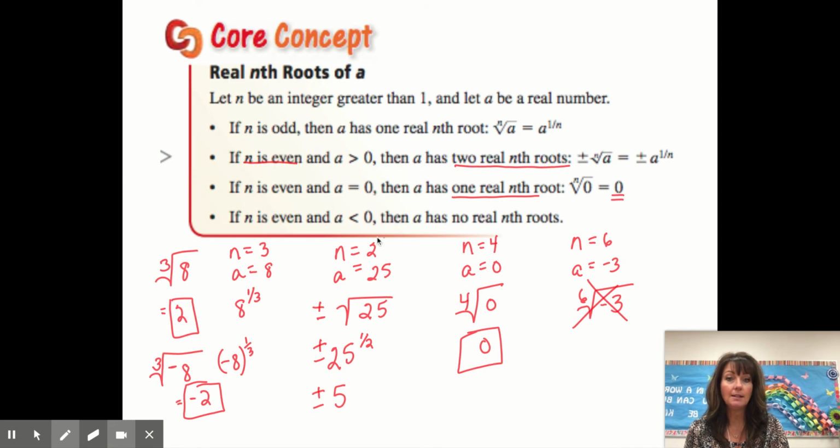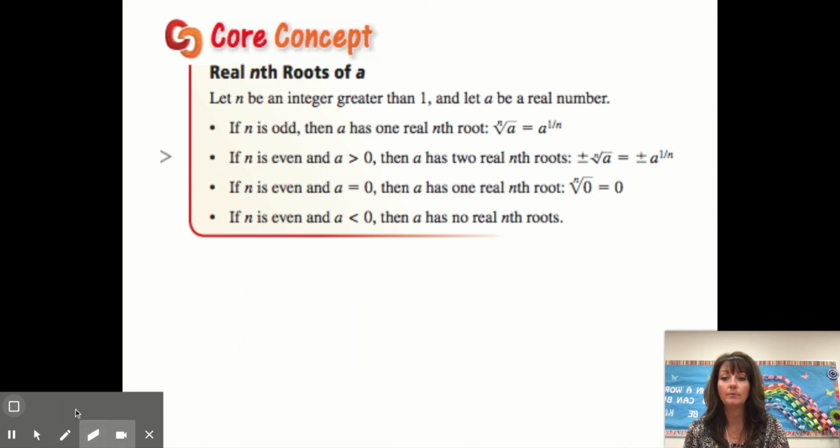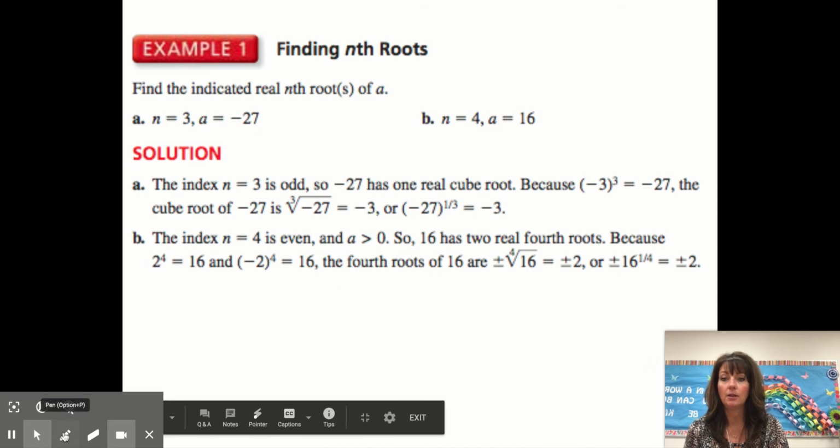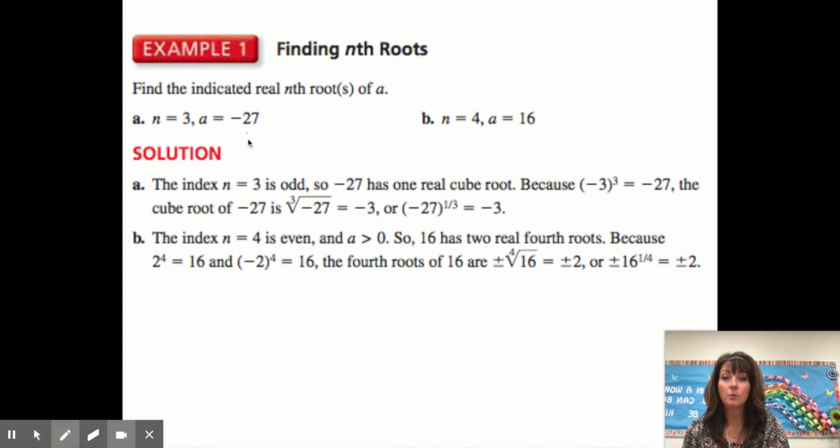With an even index and a greater than 0 underneath the radical symbol, we'll get both positive and negative. So we're going to be working on this and going through and working these out. All right, let's take a look. So if n is 3 and a is -27, we have the cube root of -27, which means we want the -3, sorry.